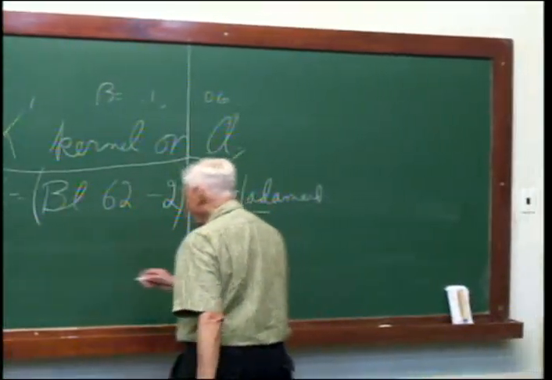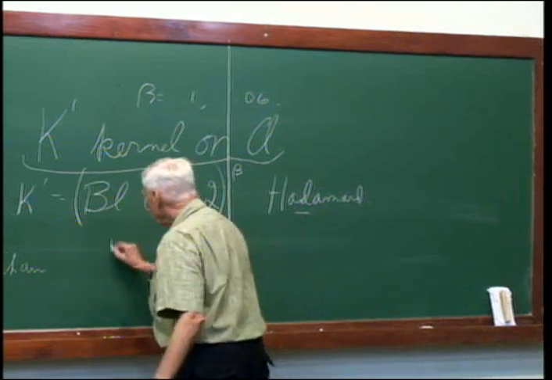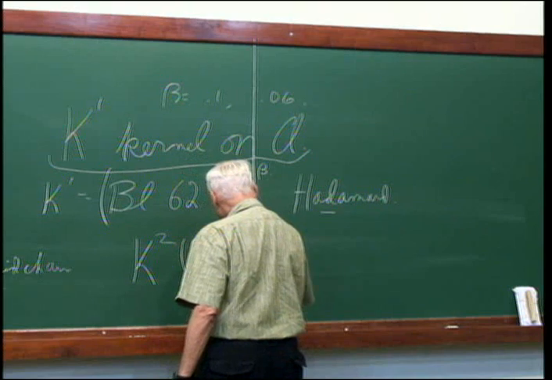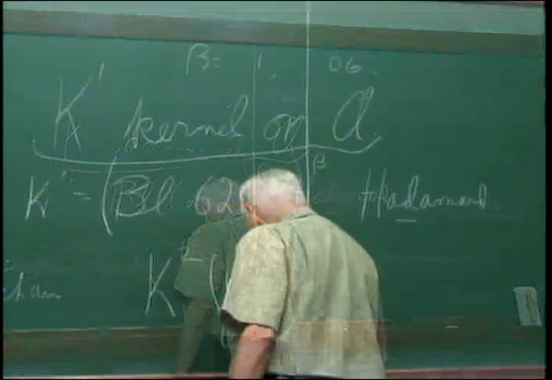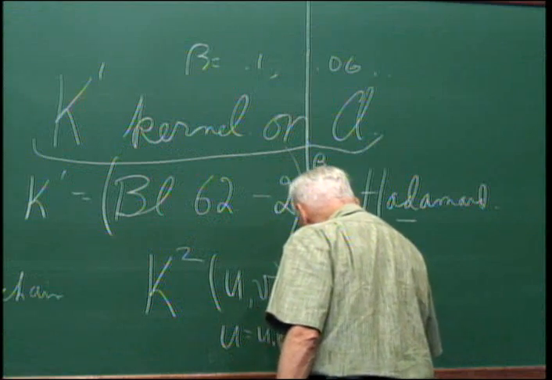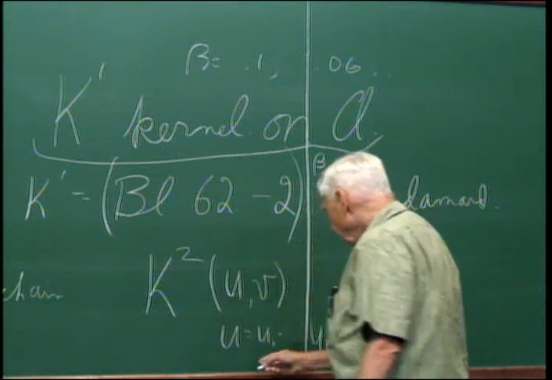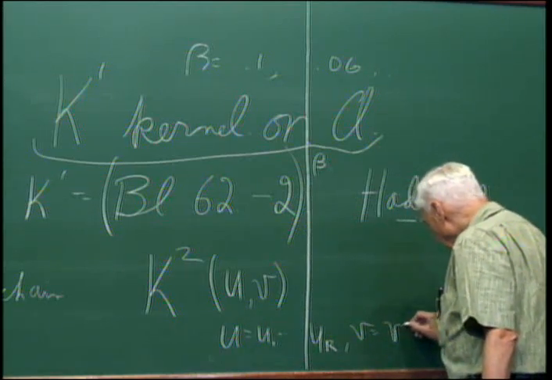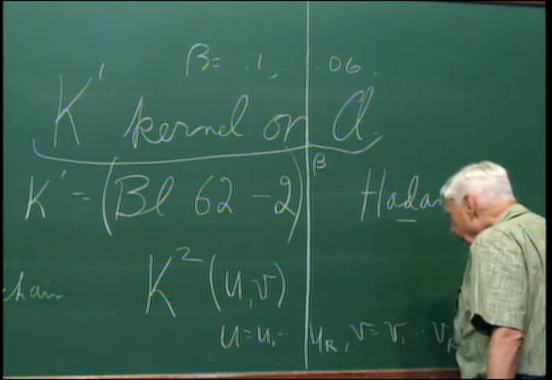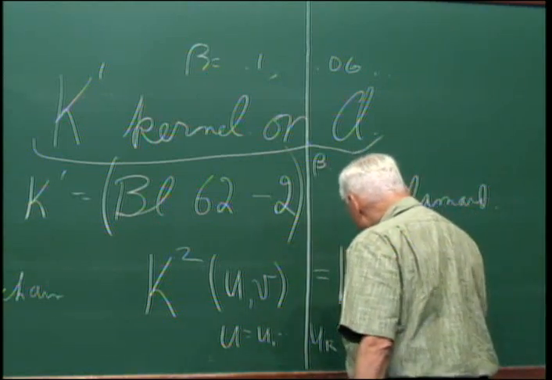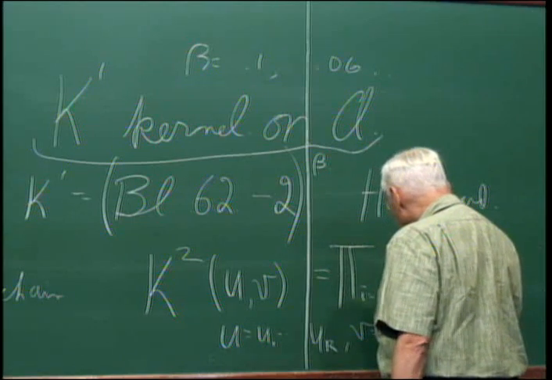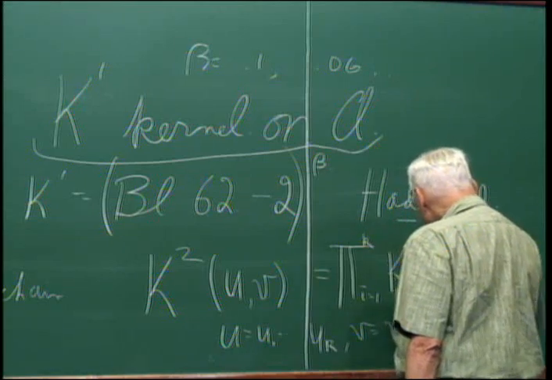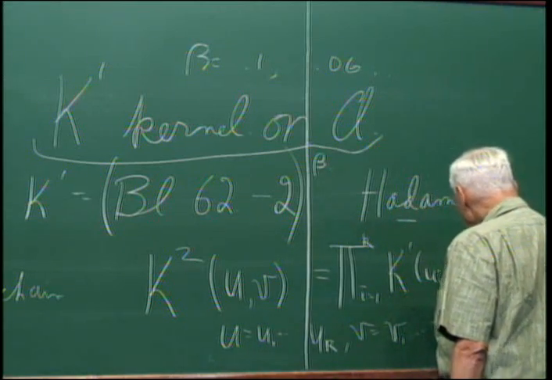Okay, now we'll say K2, this is pretty easy. K2 of U, V. Now we take U equals U1 up to Uk. These are going to be amino acid chains. V equals V1 up to Vk, same length. And here we just write the product, i equals 1 to k, of K1 of Ui, Vi.